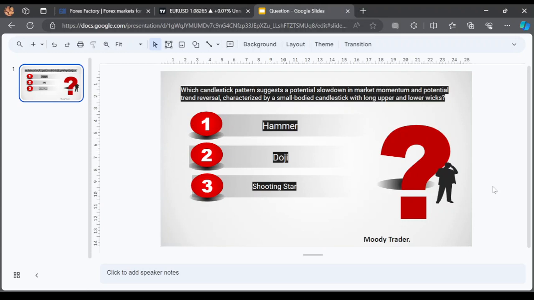The first option is hammer, the second option is doji, and the third option is shooting star. Please write the answer in the comment, and I'll be liking and giving the comment a heart, and also pinning the comment so that people can understand that this is the right answer.